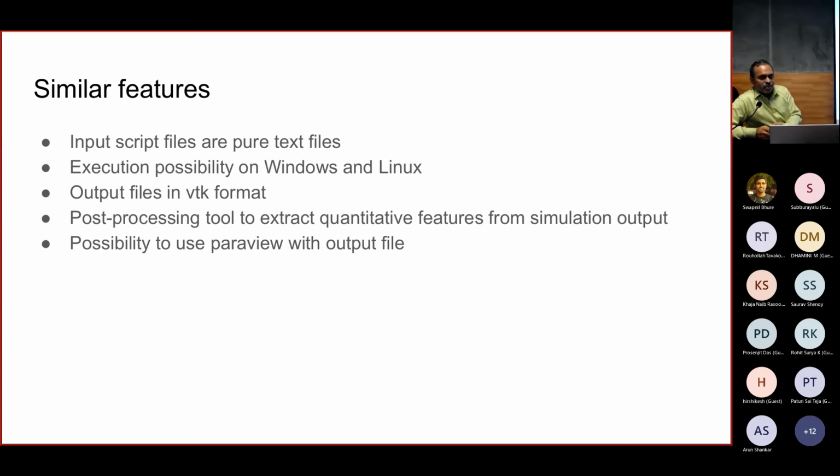And so in a way, the initialization file for the software is a text file in both cases. And then you could compile MicroSim for the Windows operating system and run it. And Micress is also available for both. So both the softwares are available for multiple platforms, particularly Windows and Linux. Both the softwares can write their output files in VTK format. In fact, Micress would do it only for VTK, which we can open in ParaView to do some further calculations.